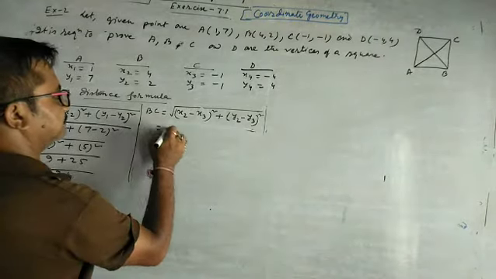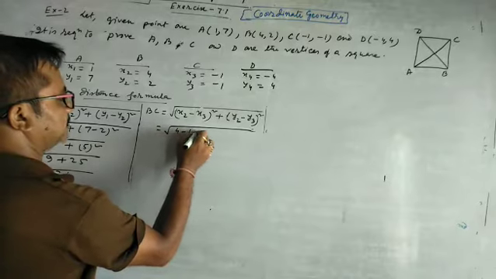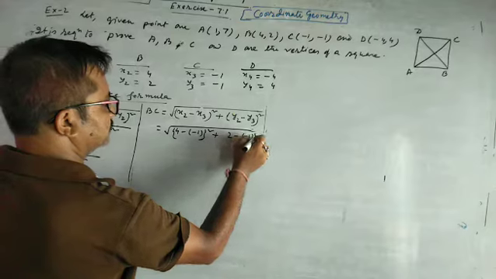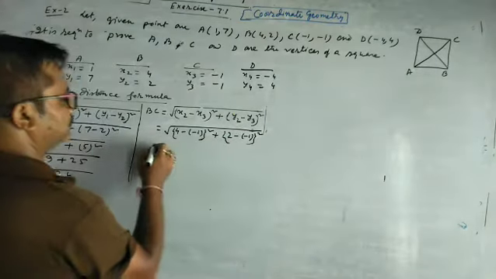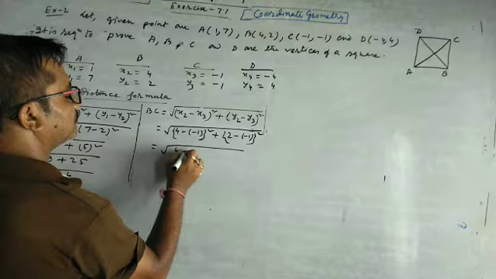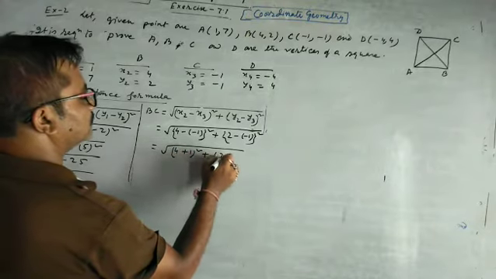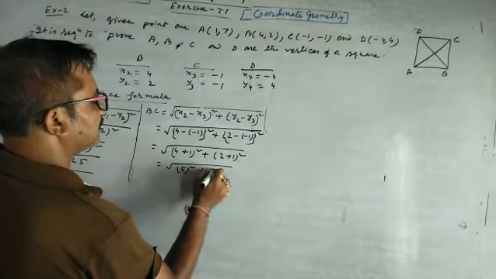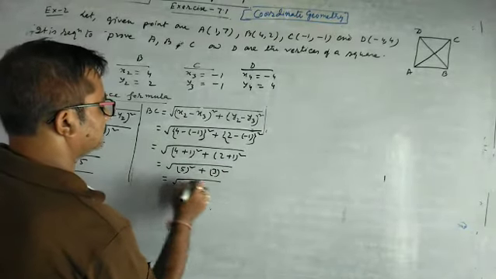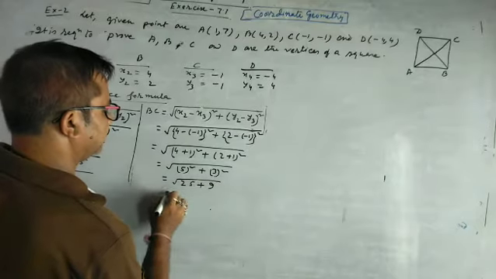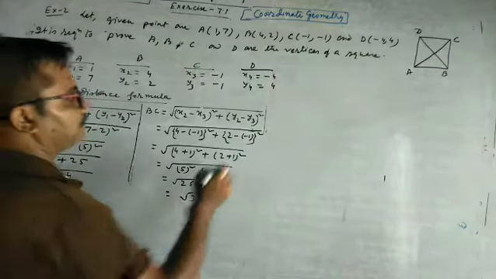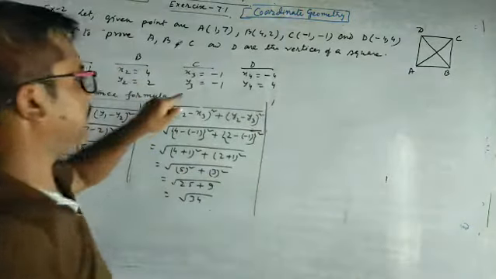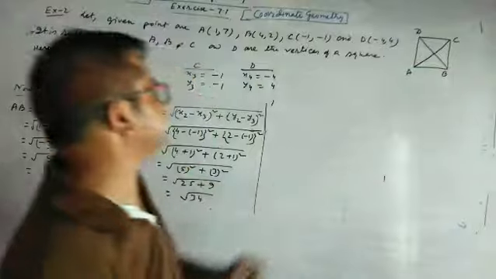Next we find BC. (4 minus 1) whole square, (2 minus 1) whole square, (4 plus 1) whole square, (2 plus 1) whole square, 5 whole square, 3 whole square, 25, 9, 34.